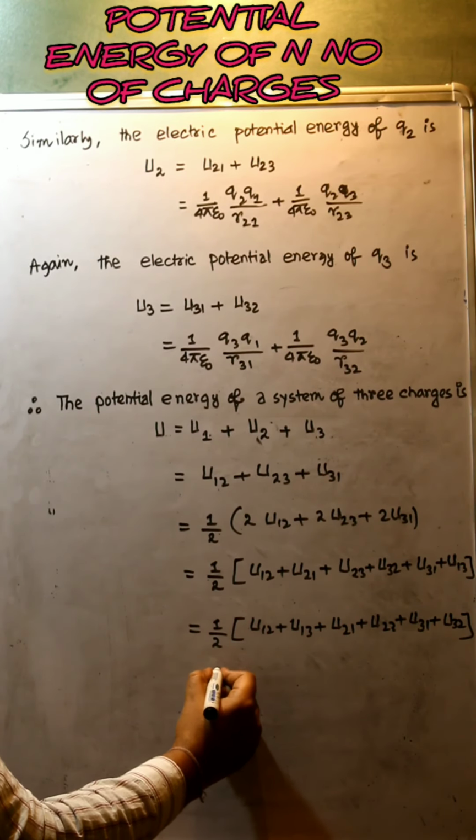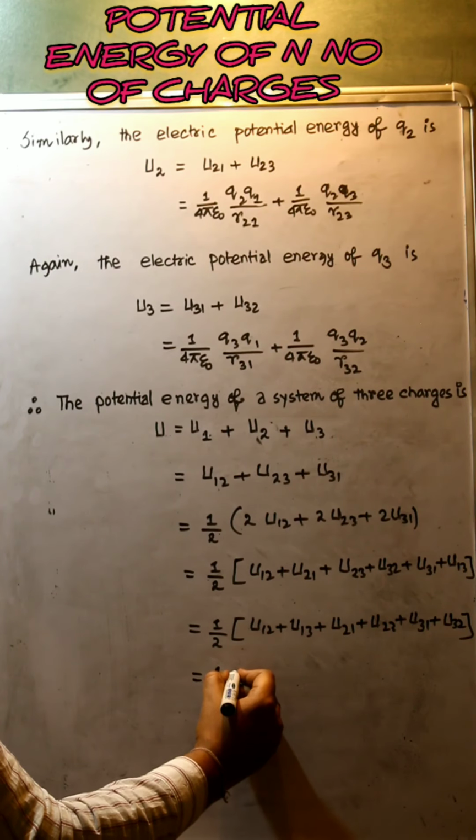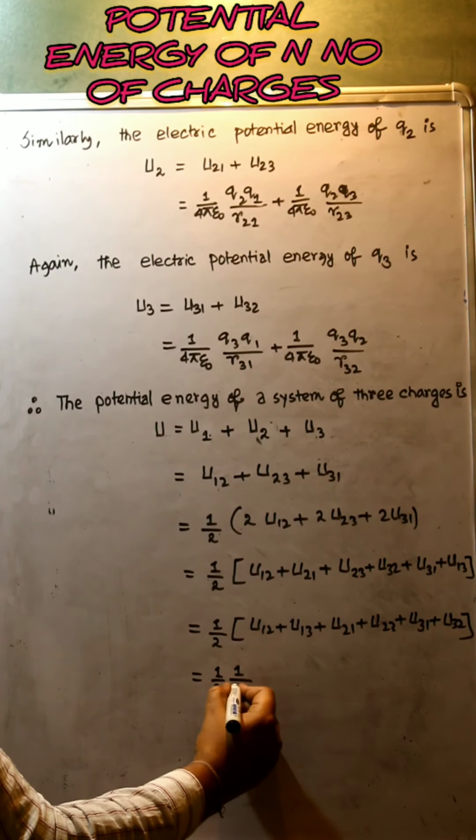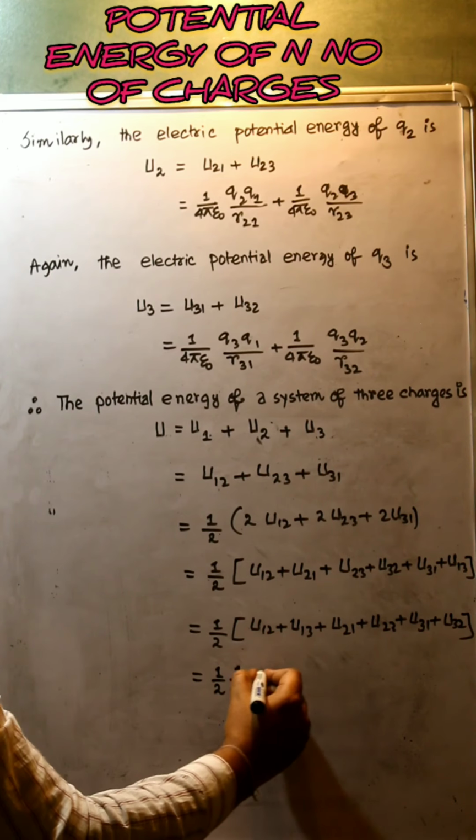Now if we put the expression, 1 by 2, 1 by 4 pi epsilon 0 is taken common.